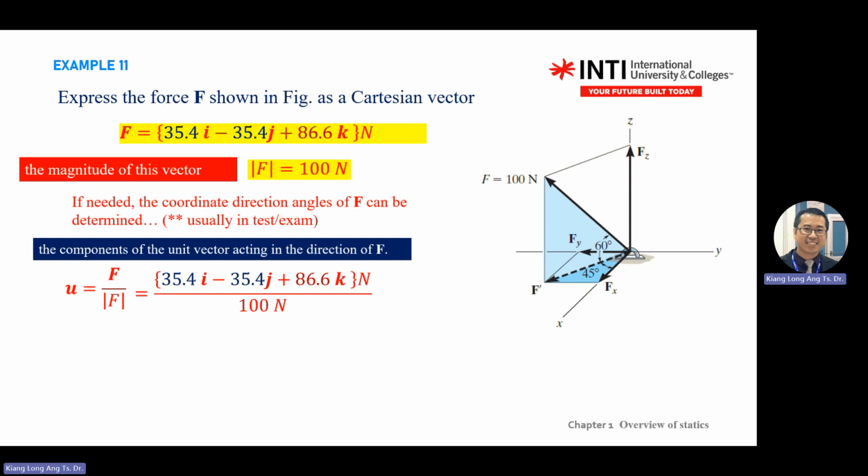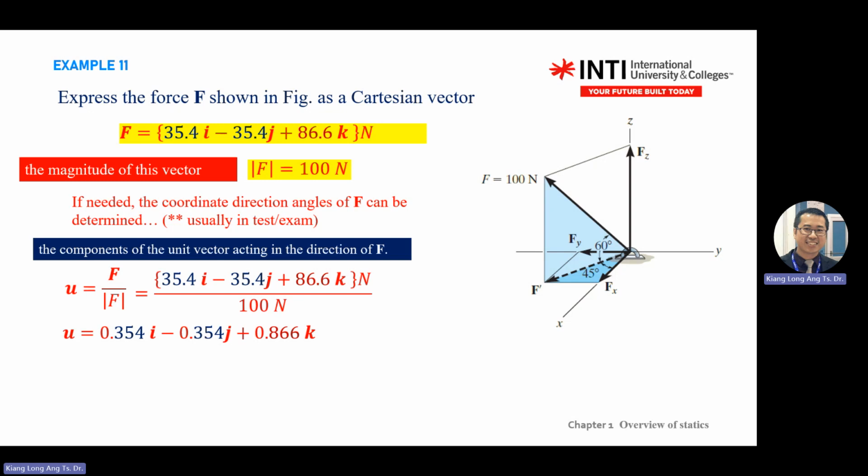This one divided by this one becomes the z. So this one, the unit direction for the resultant force will be this one, this one, this one. And for this force, the direction is represented by this one. Okay, represented by this one.